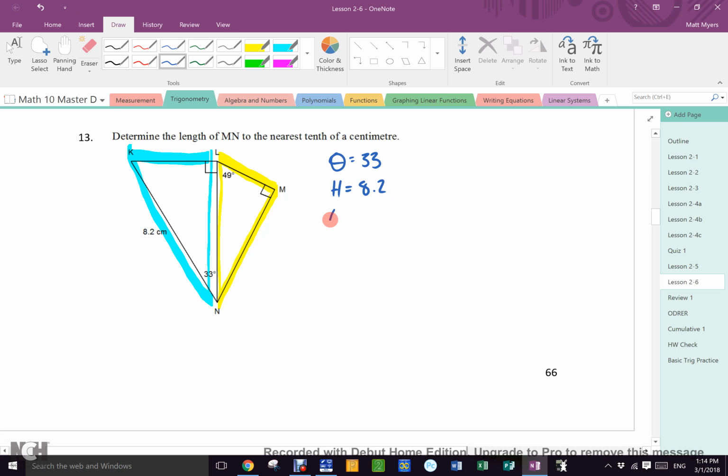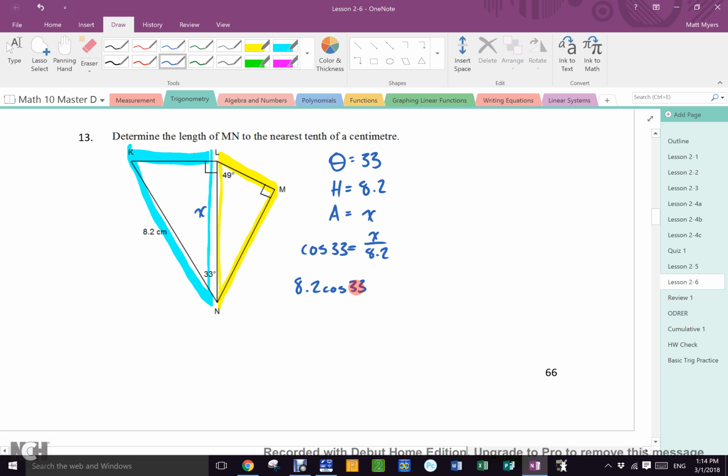I need the adjacent, and I'm going to call that x. Everybody cool? Okay, so what uses a and h? Excellent. Cos 33 equals x over 8.2. Math-wise, 8.2 times cos 33.